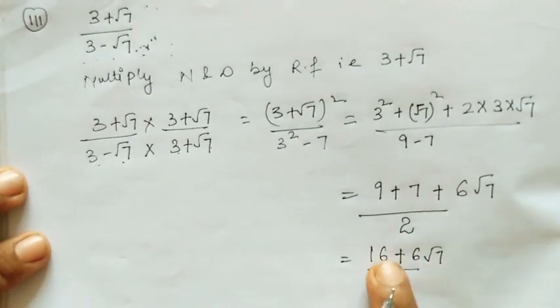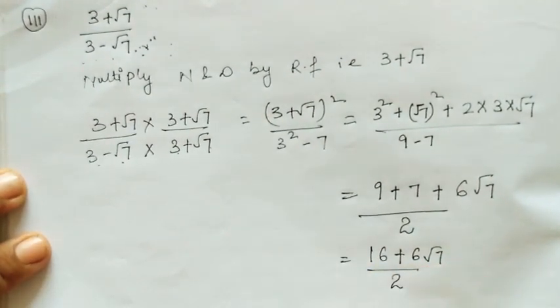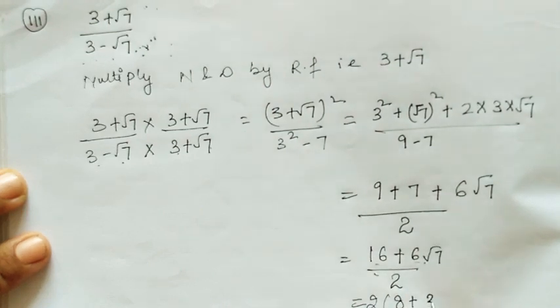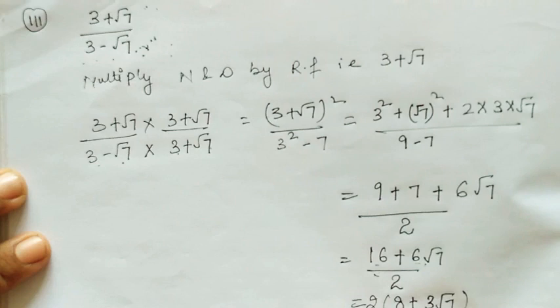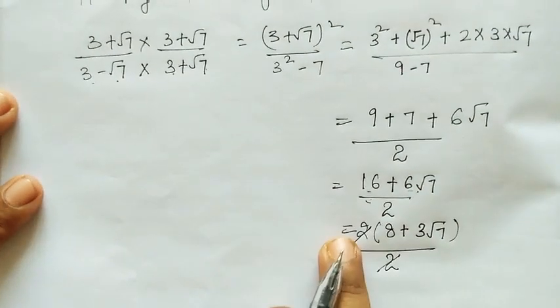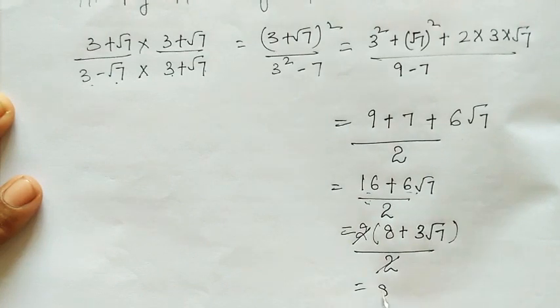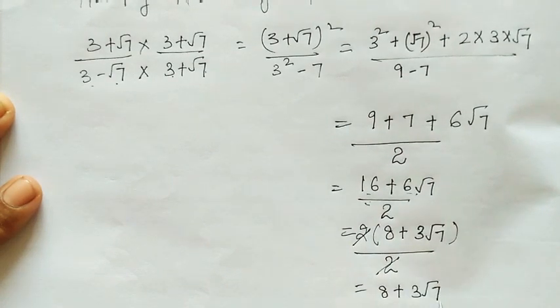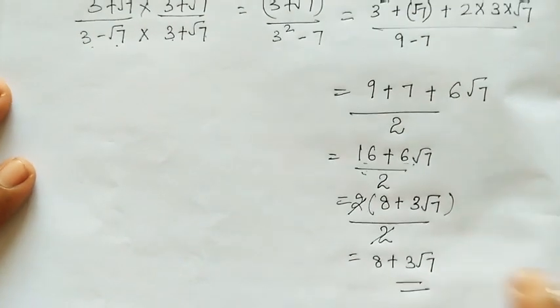See, and one step more you can do: you can take 2 common from here, so we're left with 8 plus 3 root 7 upon 2, and 2 cancels out with 2, and we are left with 8 plus 3 root 7. This is the simplest form.